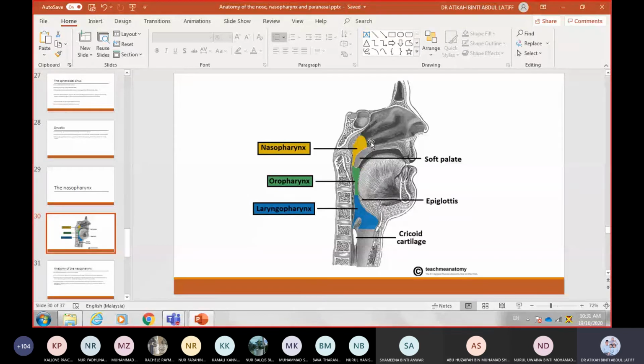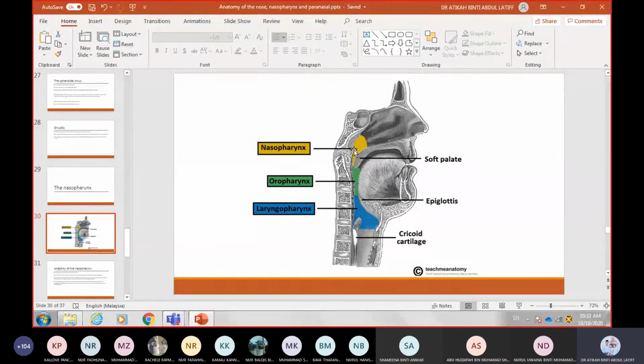And at the back of your nose, you have the first part of your pharynx, which is the nasopharynx. Remember I told you they take the sample for COVID-19. The sample is taken through the nose and into the nasopharynx. This is where the swab sample is taken.